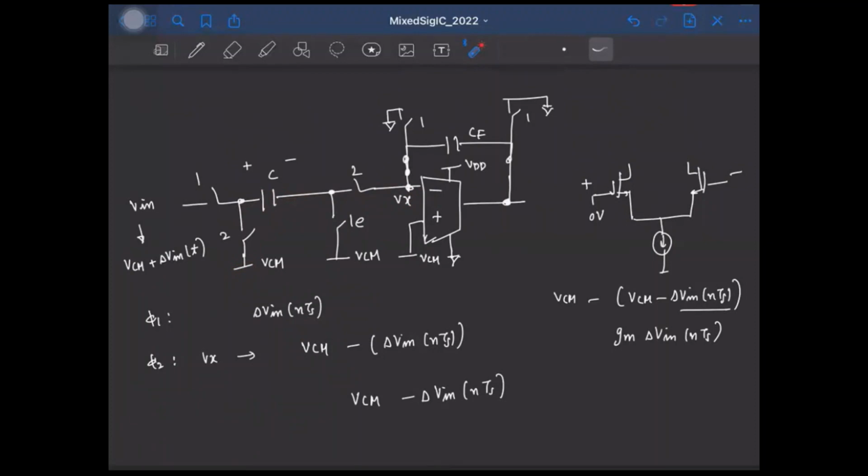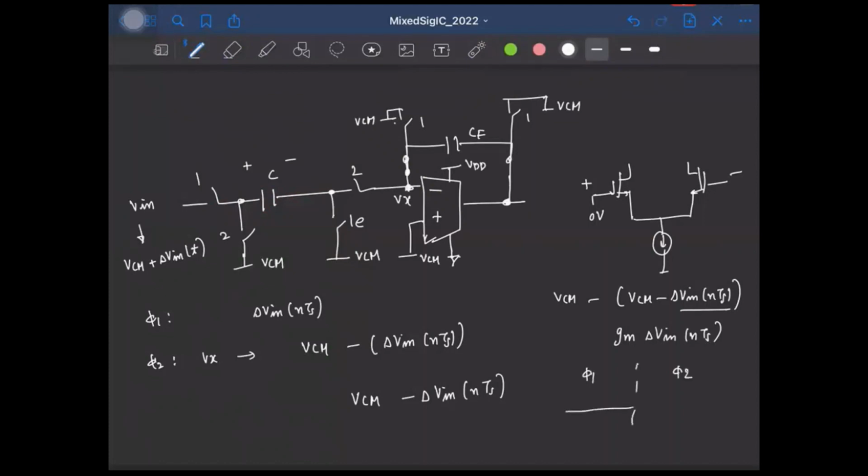Okay, so similarly, we also reset these voltages to VCM, right? Because the virtual ground here, we want it to be at VCM. So in φ1 also, you keep this voltage at VCM. Okay, so how will the virtual ground voltage now look like during φ1?